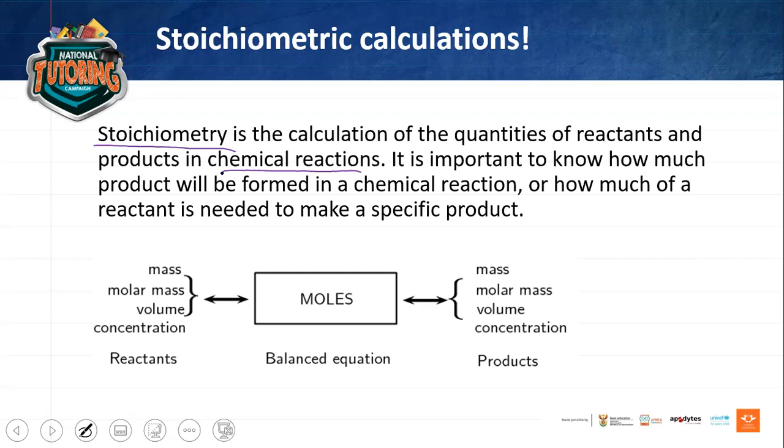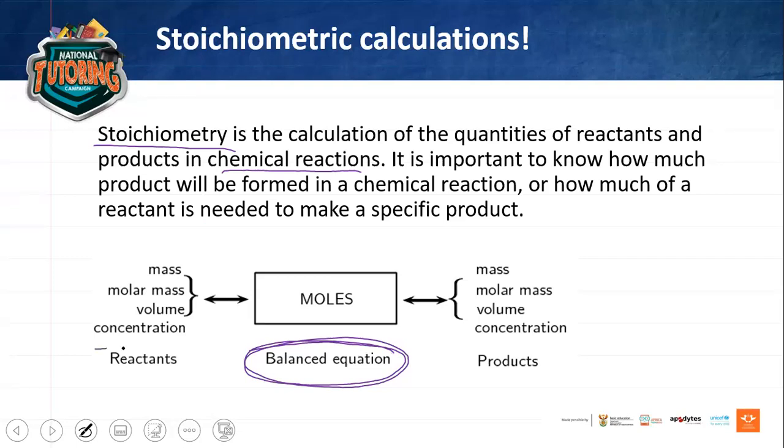Okay, so before we begin, it's very important for us to realize that whenever we have to do a stoichiometric calculation, to calculate the quantity of anything involved in the chemical reaction, we have to have a balanced chemical equation to work from. It has to be balanced. It has to be correct.